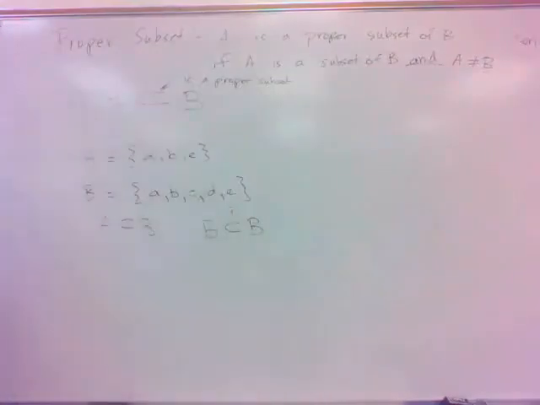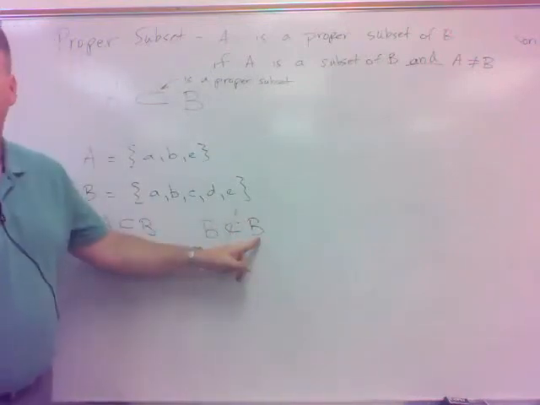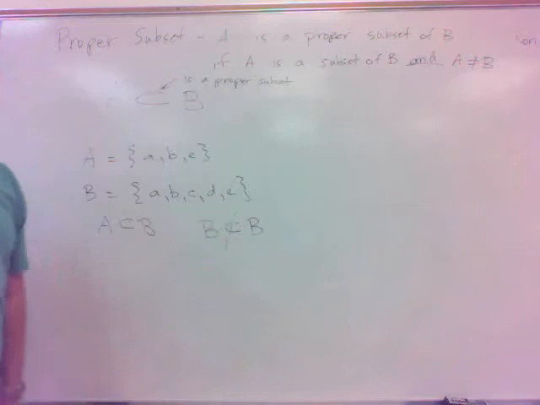what about that? Is that a proper subset? Is B a proper subset of B? No. Why not? Because it's equal. To be a proper subset, this has to not equal that. Well, obviously this equals that. So it's not a proper subset. So here's what it boils down to.